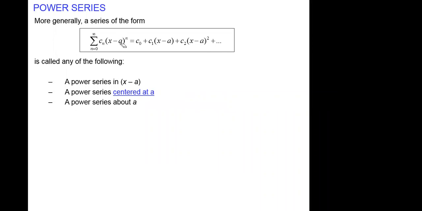The quantity A is the center of the interval of convergence, because everything is centered around A. We may call this a power series in x minus A, or a power series centered at A, or about A. We know what A means.